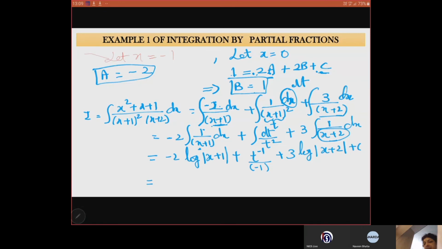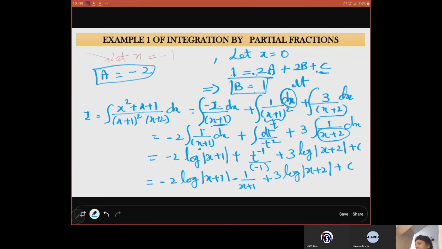So your final answer could be minus 2 log mod x plus 1 minus 1 by t, where t is nothing but x plus 1, plus 3 log mod x plus 2 plus c. So this is the method of partial fractions, right?